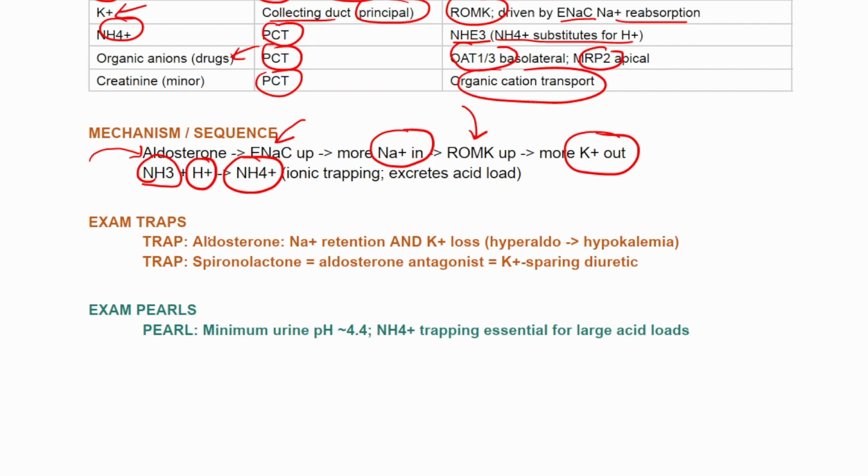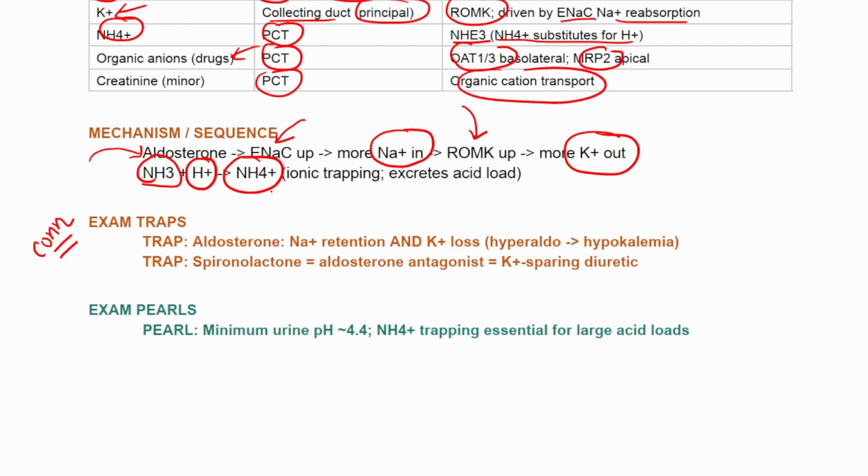Now going to the traps. First one talks about aldosterone. Examiners love to test the sodium-potassium seesaw by simulating states of primary hyperaldosteronism, also known as Conn syndrome. In this case, aldosterone increases, and the classic exam trap will try to trick you into thinking that excess aldosterone causes hyperkalemia.